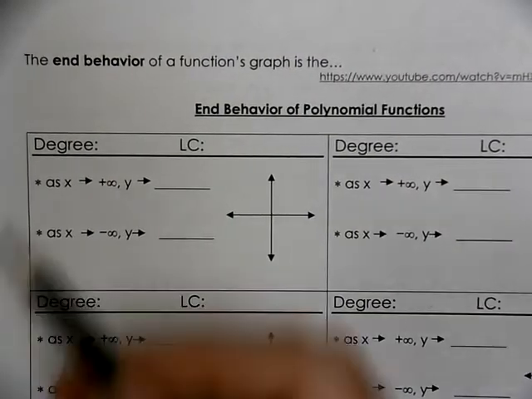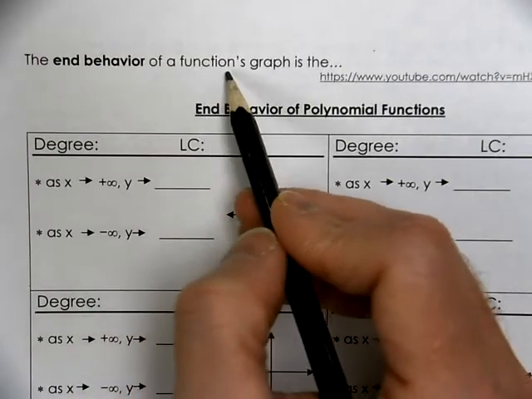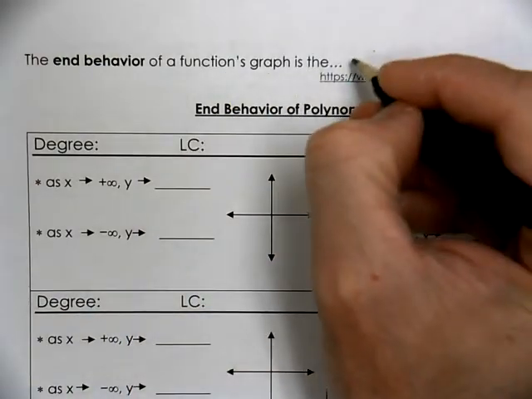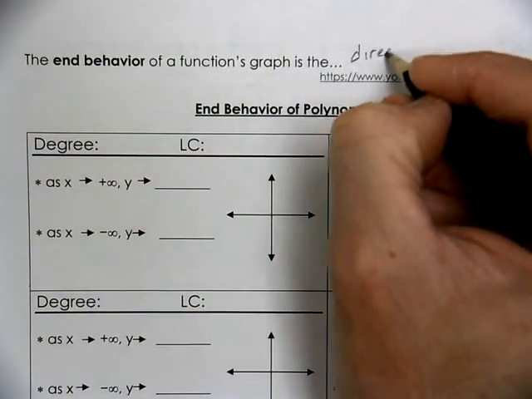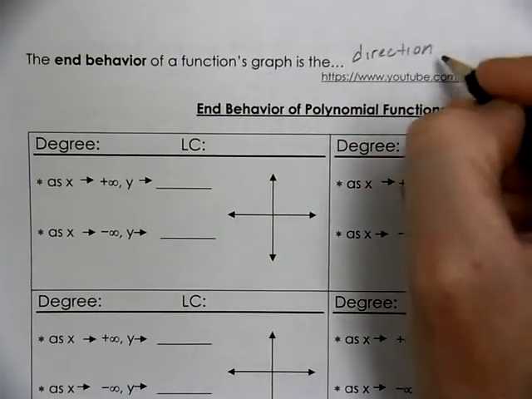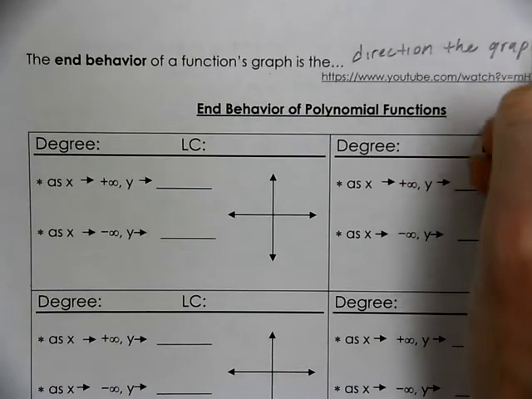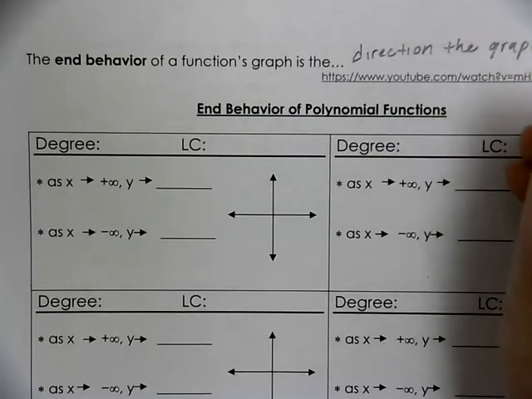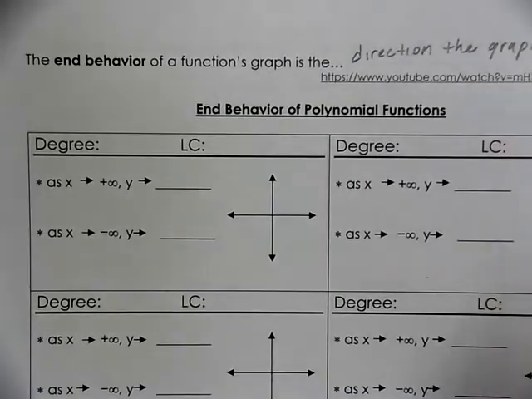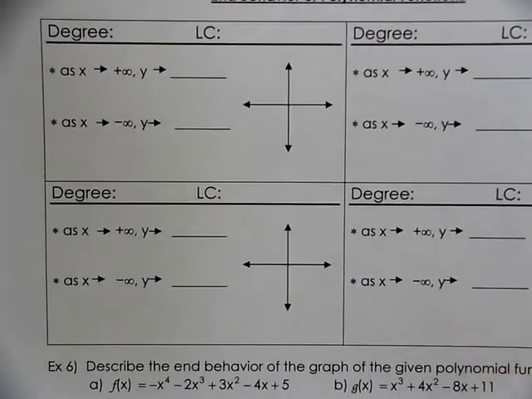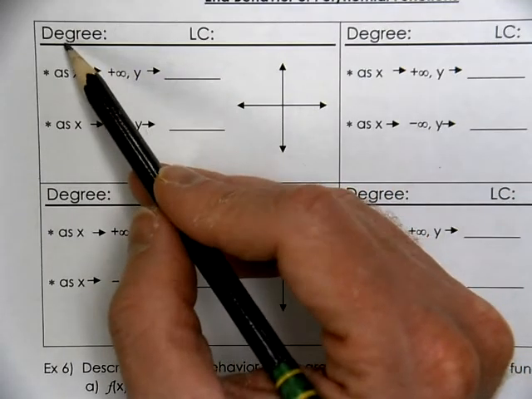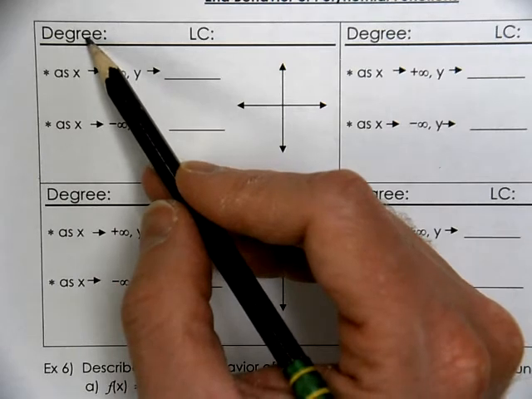On the flip side, the end behavior of a function's graph is the direction the graph goes. And we're talking about that for when x is positive and when x is negative. So what we're going to do, we're going to look at the degree.